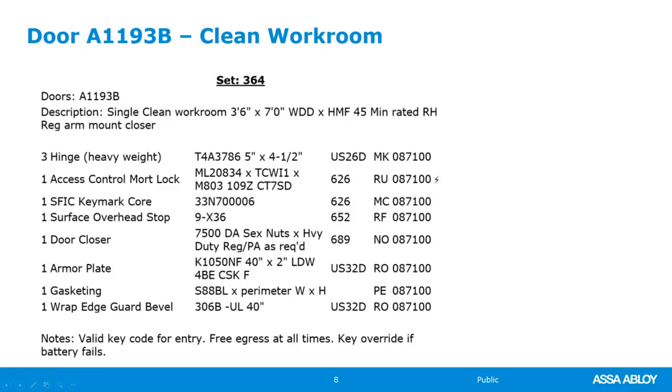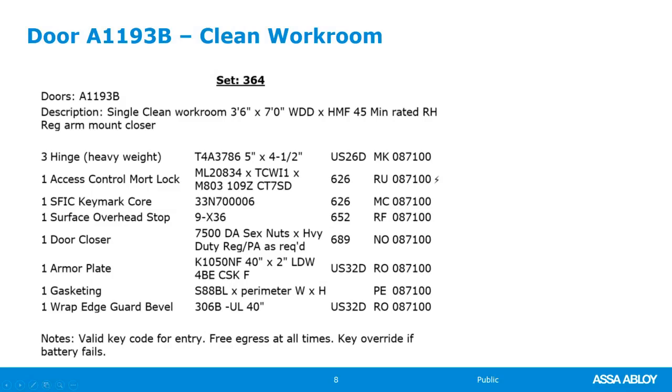If you're detailing the set and you've got some that are 3'6" and some that are 3'8" and some that are 4 foot wide doors, you would break it into 364.01, 364.02, and whatever iteration, and keep the doors that are exactly alike in the same set. The hardware is the same with the exception of the sizes.